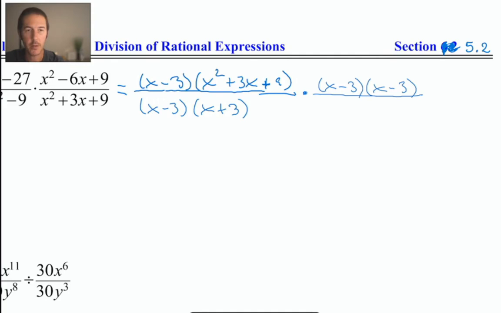And in the denominator, x squared plus 3x plus 9 is not a perfect square trinomial because this is a 3 and not a 6. And as it turns out, that is not factorable. You could use the 1 as your a value and the 9 as your c value and attempt to factor using the AC method, and you'll find that there is no factor pair available to split the middle term.